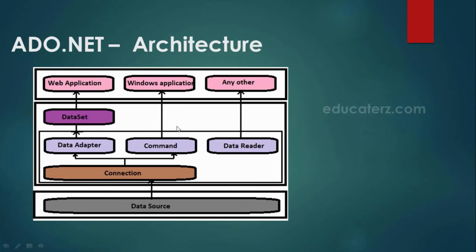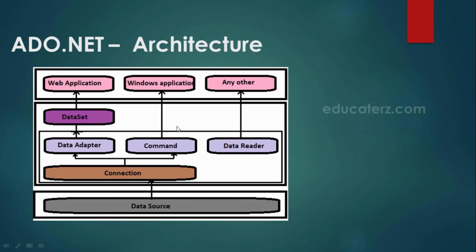So if a .NET application, it may be a web application, Windows application, or a console application, has to retrieve data, then the application needs to connect to the database. Remember that these are very, very important points.